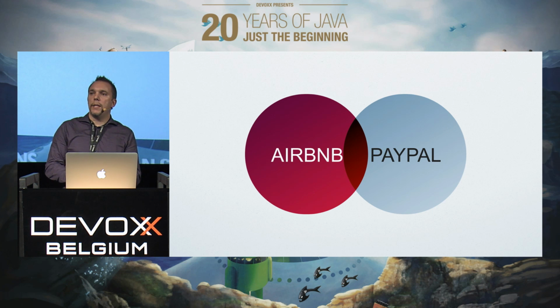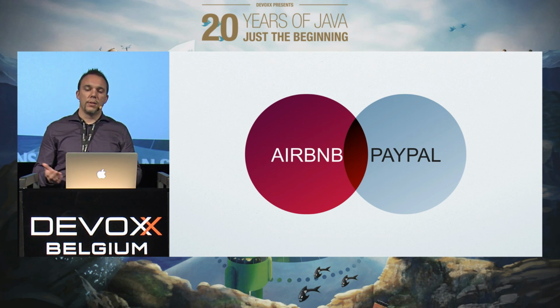Same with PayPal. They have a different face towards merchants than towards end users of PayPal. Typically, also in this kind of context, your pricing will be different towards different sides of your group, and you might actually have to subsidize some of your segments there.